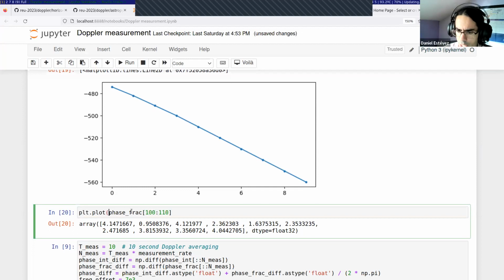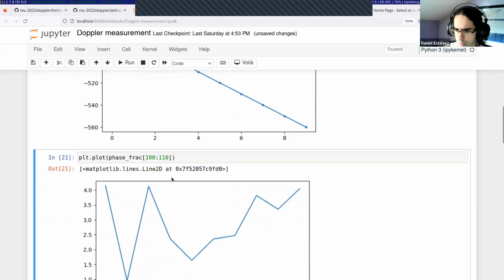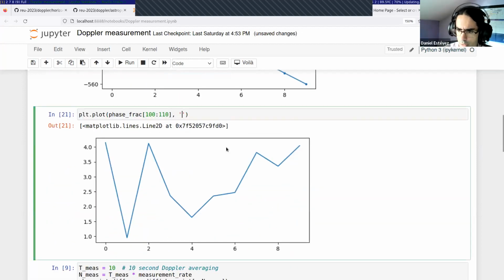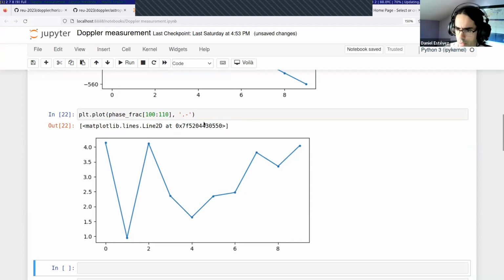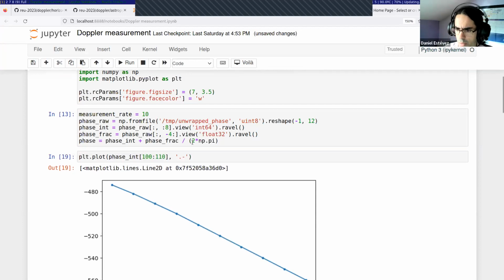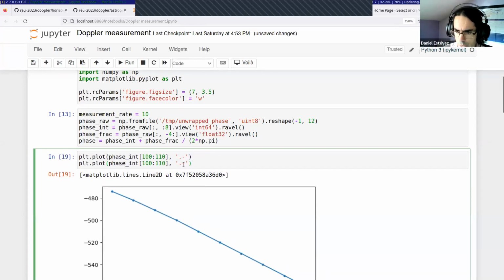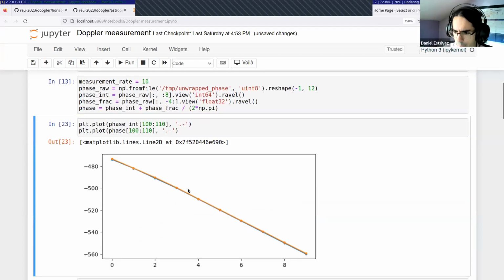If we plot this on its own, it's difficult to get any sense of these numbers, but what needs to be done is to add them together, like here. So I'm going to plot the two together, and you can see that the fractional part is just a correction that can be applied to the phase integer, but it's important, otherwise we wouldn't get any good precision from this method.